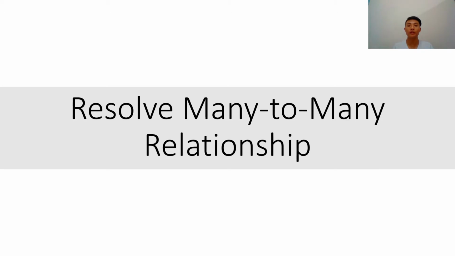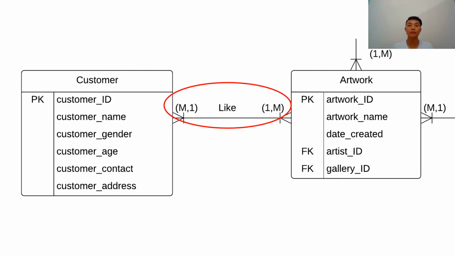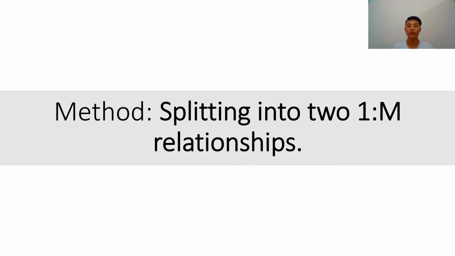So I want to show you how to resolve the many-to-many relationship. From the example, customer and artwork have a many-to-many relationship. So we resolve it by flipping it into two one-to-many relationships.